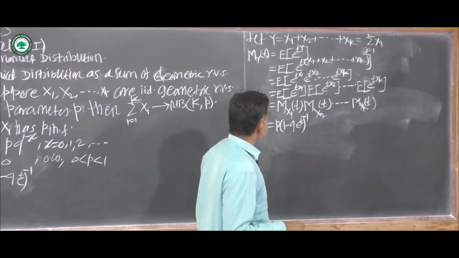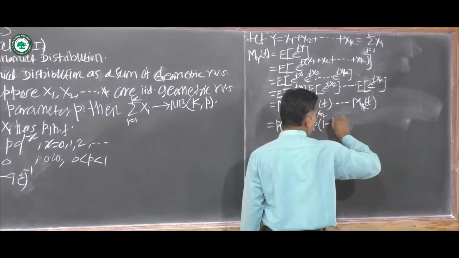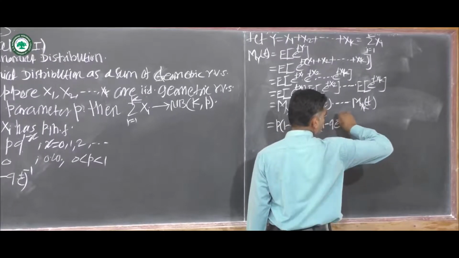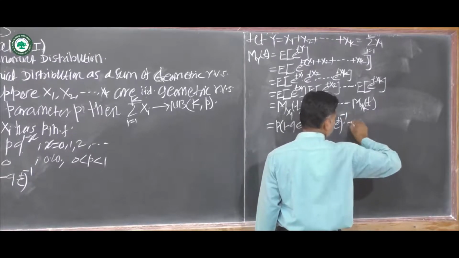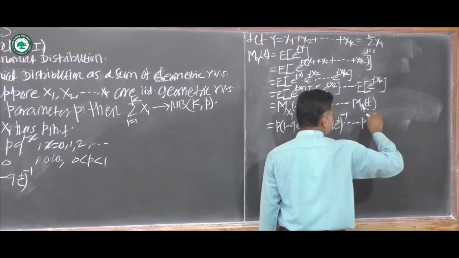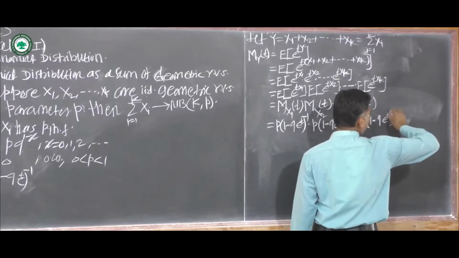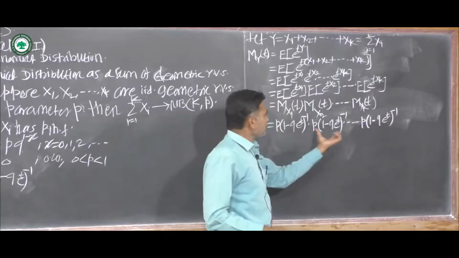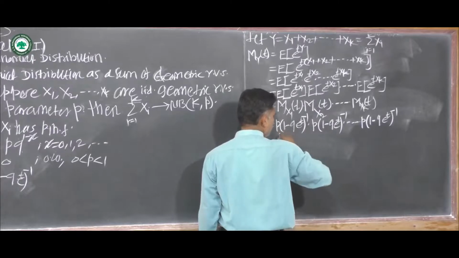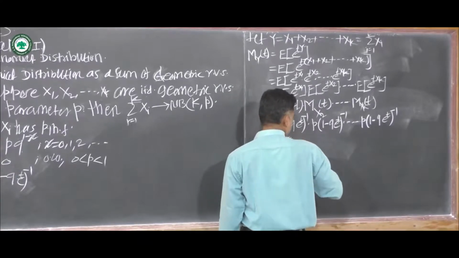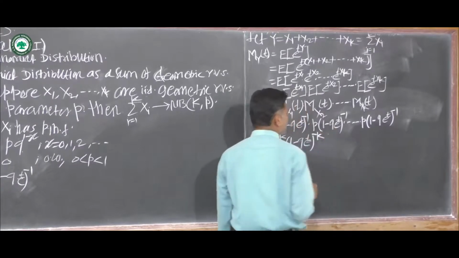Okay, then p into (1 minus q into e raised to t) raised to minus 1, and so on, into p into (1 minus q into e raised to t) raised to minus 1. Okay, these are the k terms, therefore which is equal to p raised to k into (1 minus q into e raised to t) raised to minus k.